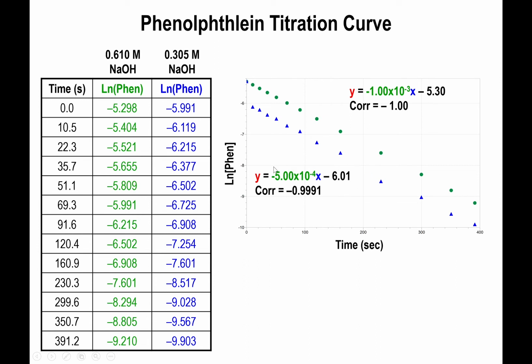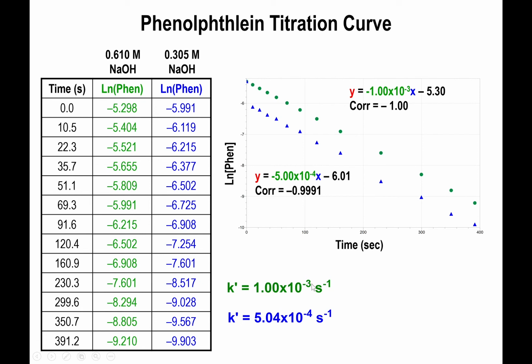So it looks like the natural log of the concentration versus time is in fact the relationship associated with this reaction, telling you that with respect to phenolphthalein, the order ought to be first order, simply because the ln of concentration versus time yielding a linear plot implies that the reaction has to be first order from the point of view of this reactant.